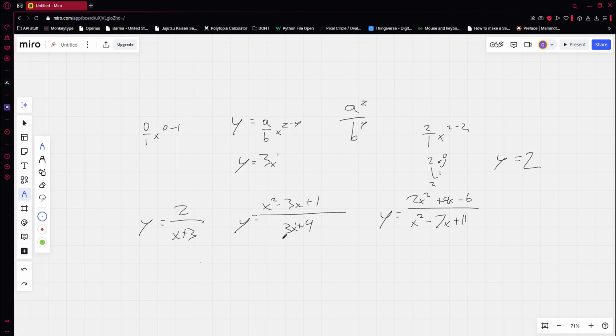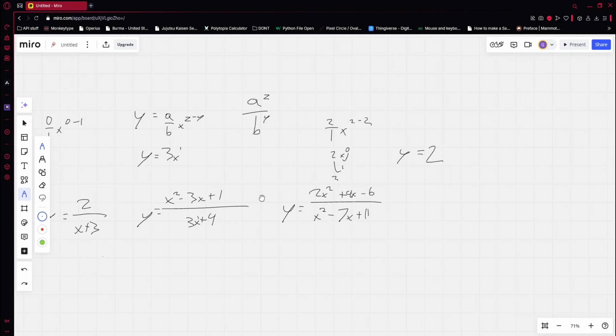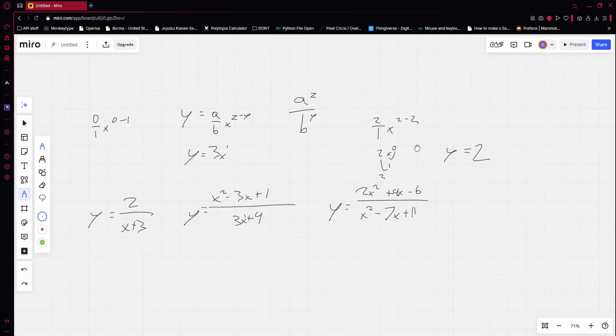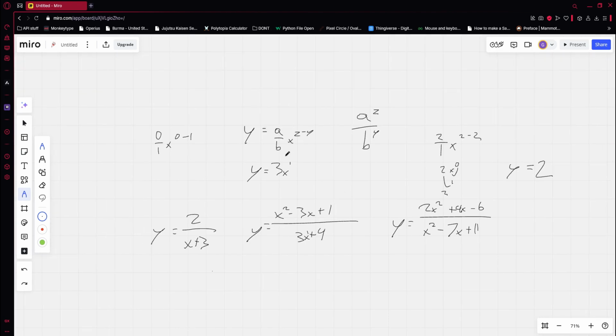So you just do the coefficient over the other coefficient, and then the exponent minus the other exponent. Here we're just going to do the coefficient over the coefficient, because the exponents cancel each other out, so there is no x. But if you're ever not sure, just use the formula on any of these and it will work. So it's a over b x to the power of z minus y.